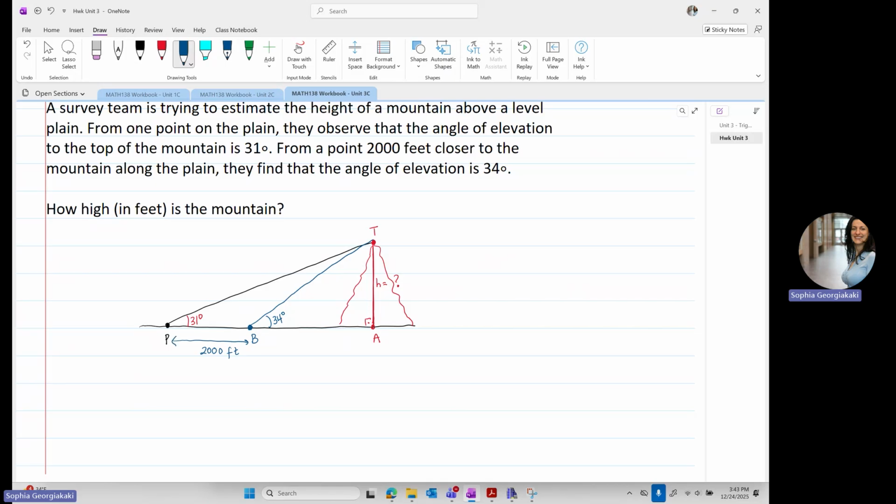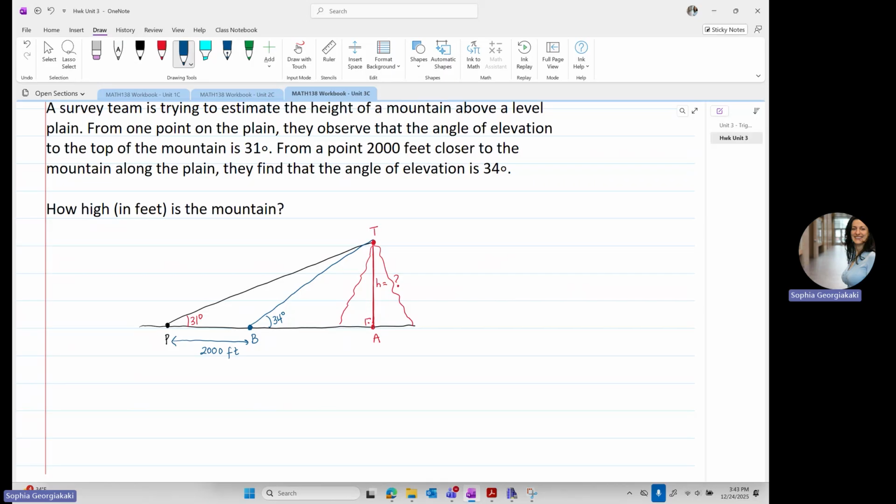And again, pay attention here that we do have two right triangles, APT and ABT. In both of those triangles, we know an angle. We are being asked to find the opposite of that angle, which is the height, but we don't know any sides of these triangles.